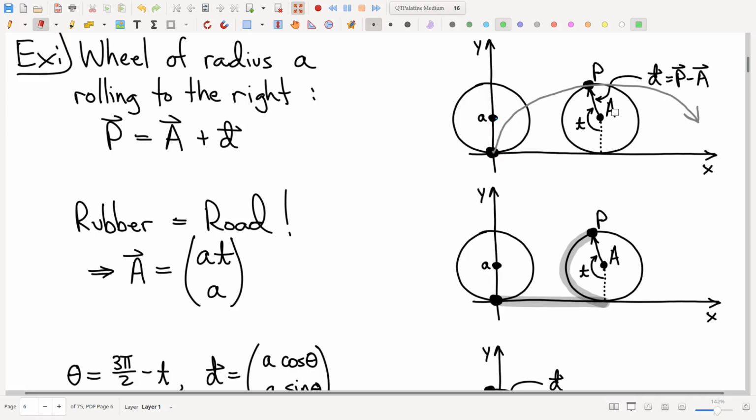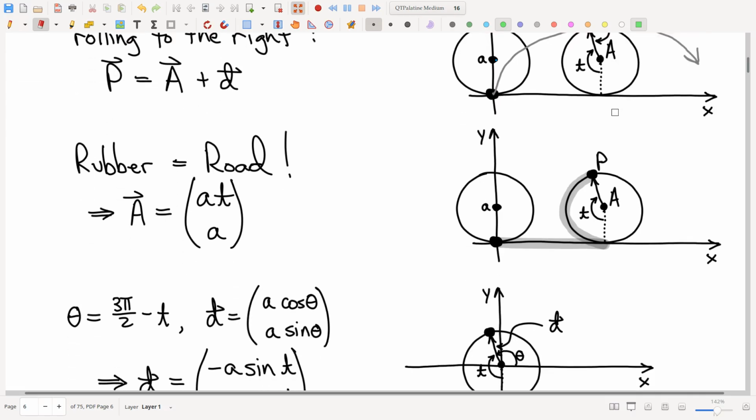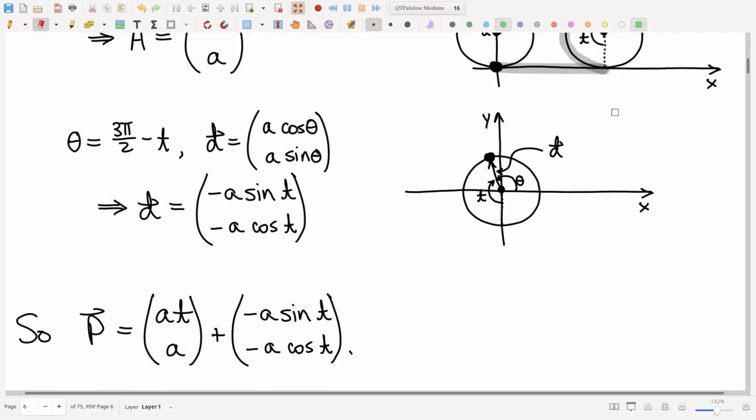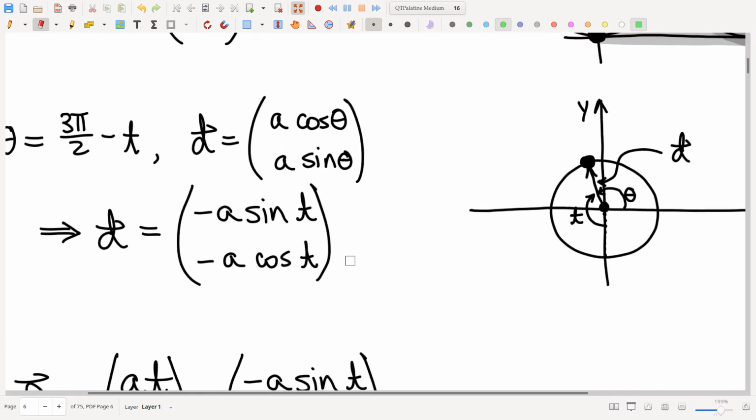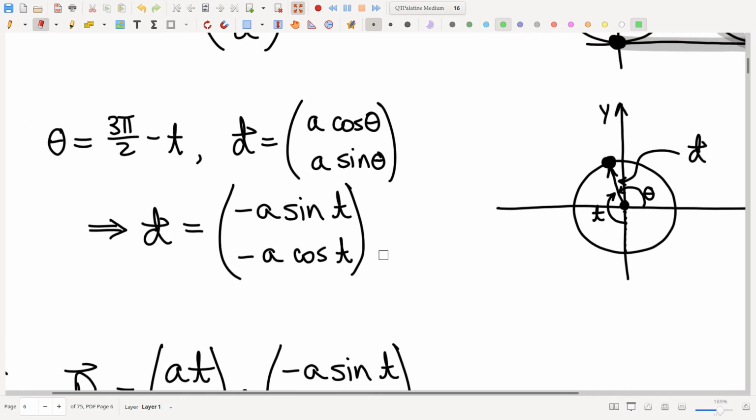Okay, so we know the formula for the axle. Now let's think about the spoke. And again, there are some little detailed devils here you have to worry about. Keep in mind, we've already discussed this angle, which we're calling T. Now I'll remind you of the polar coordinates we referenced previously.